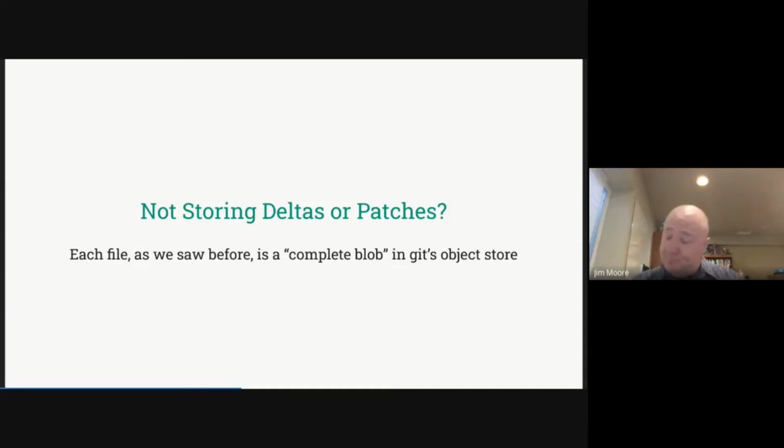Which would seem to make sense when you're talking about, again, especially source code, where you're changing little bits and pieces of lots of files rather than completely changing out things all the time. But that's not how Git operates. It's not working on patches or deltas. It is storing the complete blob every single time.